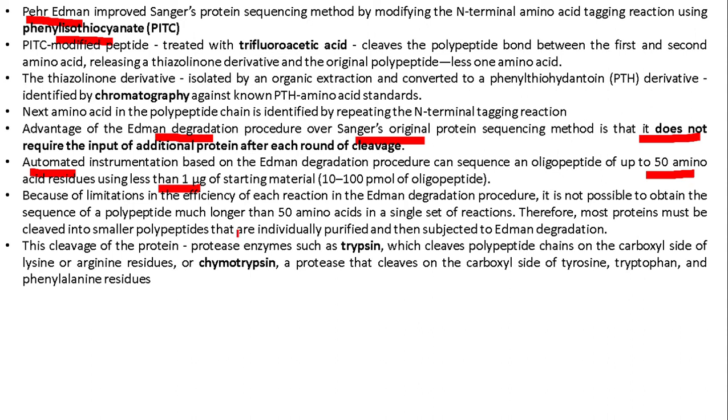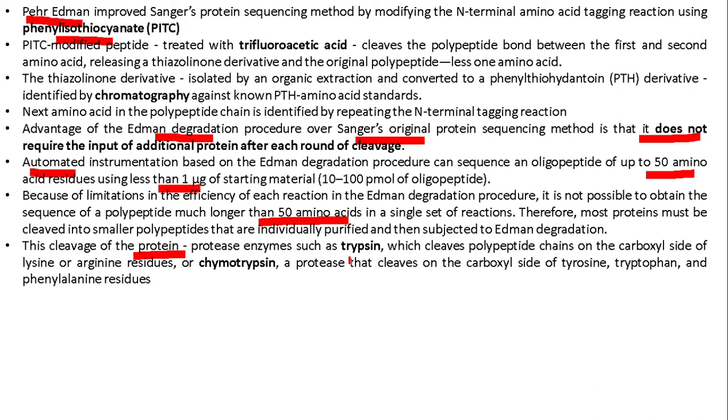You know why? By the time 50 amino acids of a chain are analyzed, the solution becomes more and more impure. So we are initially fragmenting the proteins using different sets of acids and enzymes, so that we may get oligopeptides containing not more than 50 amino acids.